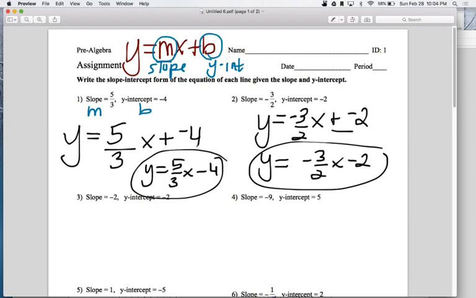Now, a side note with fractions, one thing you're going to notice is that this x is kind of written alongside the fraction bar. The other thing you'll notice is the negative signs aren't necessarily assigned to a number. A lot of times the negative sign is out in front.